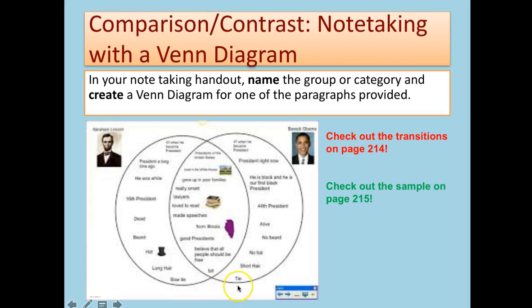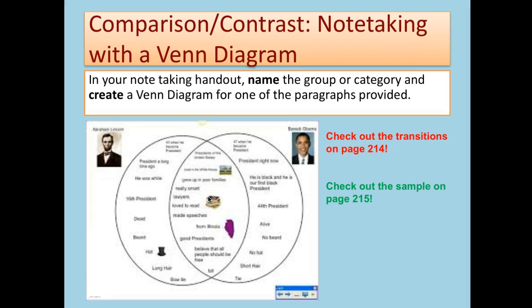And the way this standard type of Venn diagram works is that what's unique to one item is listed on the left side, what's unique to another item is listed on the right, and then the overlapping of the circles contains items that are true for both of the things that are being compared.